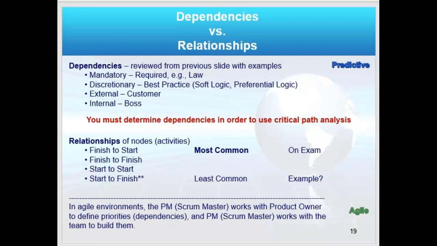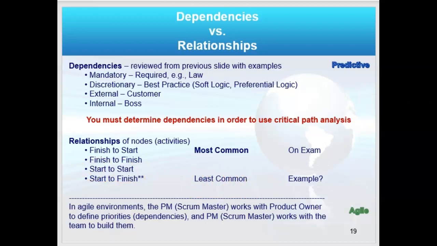Now, there are also relationships. After dependencies, I have relationships. So here's some more examples of dependencies. And that's common in predictive project management. And also in predictive are relationships. They are 4 of them. Finish to start, which is most common. Finish to finish, start to start, and start to finish. That's least common. I'll go over those in a minute.